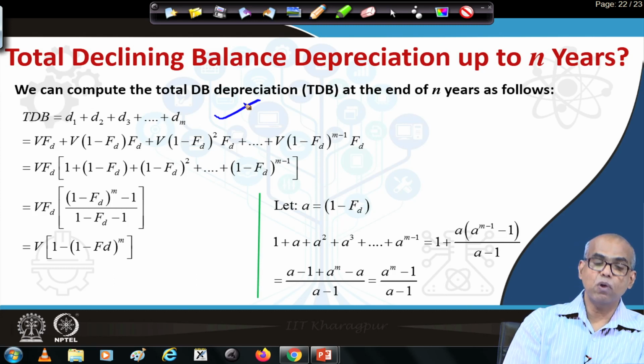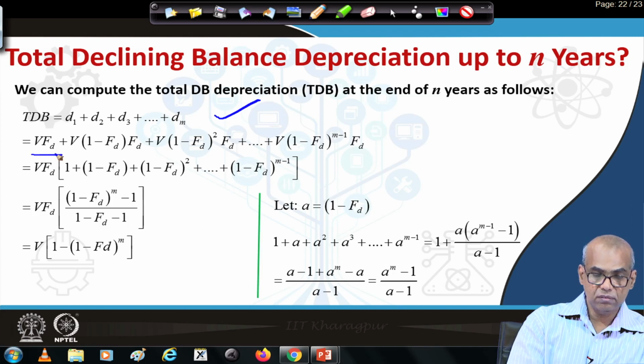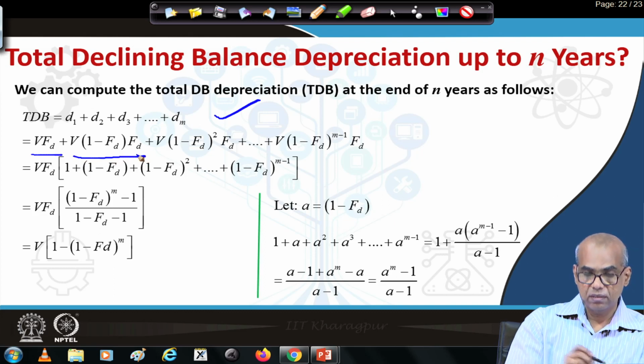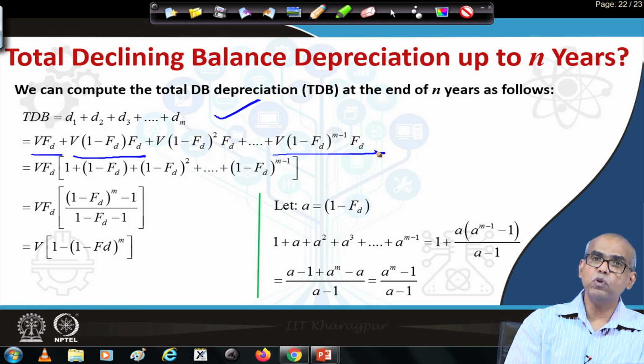You know the expressions for D. So, D1 is V into FD, D2 is V into 1 minus FD into FD, Dm in general is V into 1 minus FD to the power m minus 1 into FD. So, you just have to compute this sum.